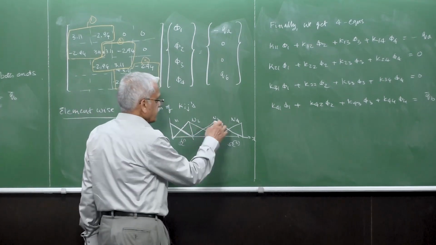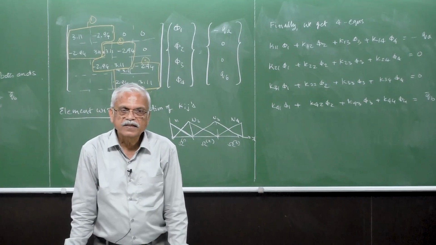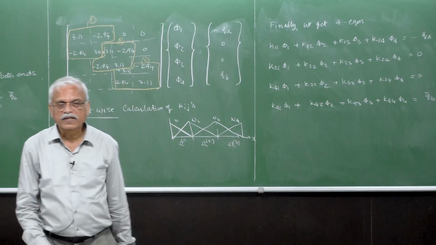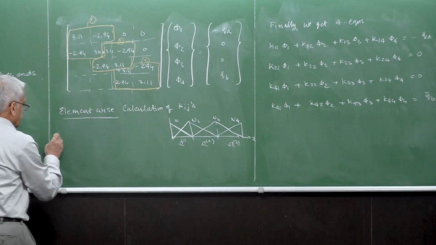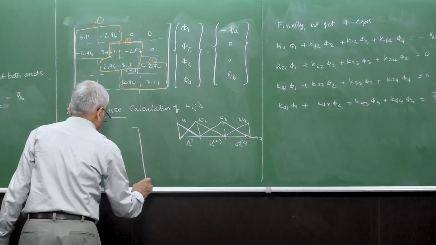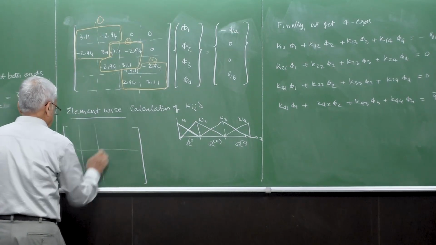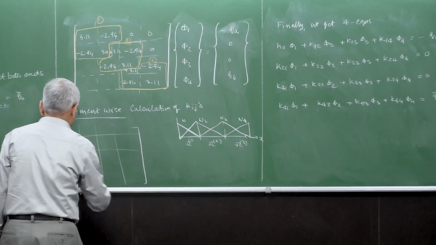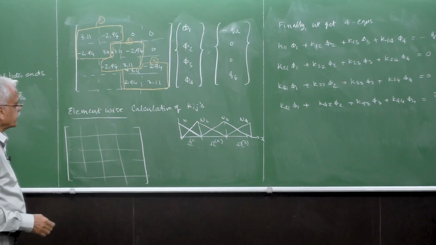And element 3 will be contributing to 3 and 4. It will contribute to 3, 3, 3, 4, 4, 3, and 4, 4. So that is what is happening here. This is K. So what will it be contributing?